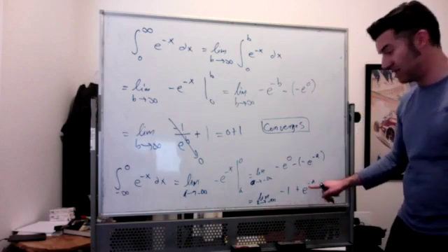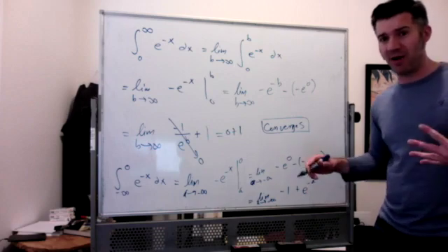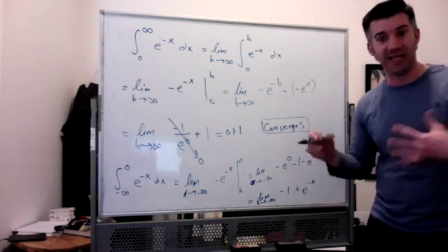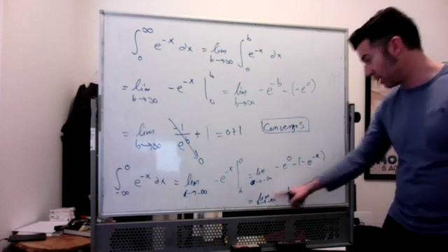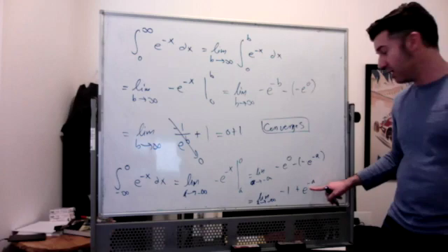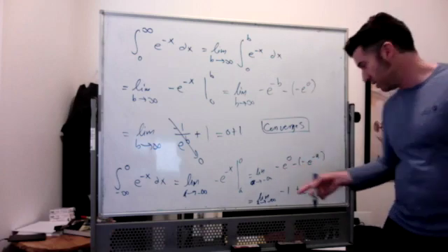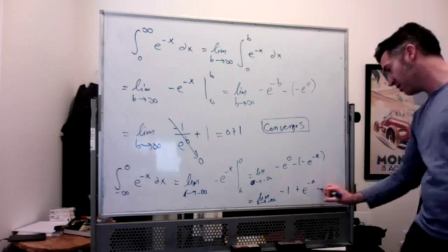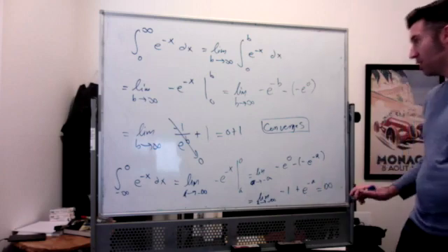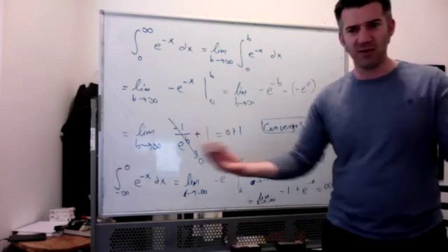So e to the negative infinity is e to the infinity. I like my power to always be positive, not negative. So when I'm plugging in -infinity, I'm getting positive infinity. And e to the infinity, e to a big number, is a big number. So this is -1 plus infinity, which is infinity. So this integral diverges.